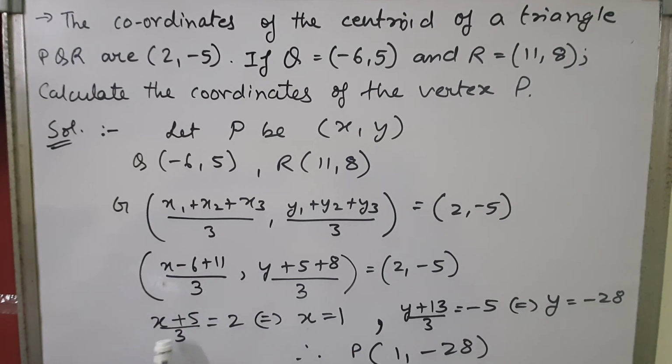When we solve, x plus 5 upon 3 equals 2. On cross multiplying and simplifying, the value of x is 1. Y plus 13 upon 3 is equal to minus 5, so the value of y on simplifying will be minus 28. So the coordinates of P will be 1 comma minus 28. Alright children, please note down the solution.